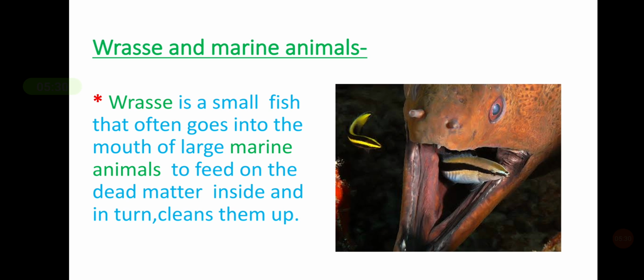And in return, these large marine animals don't kill them. So here also both are benefited. Here the marine animal gets cleanliness and gets rid of insects and dead skin, while the fish is getting the feast.